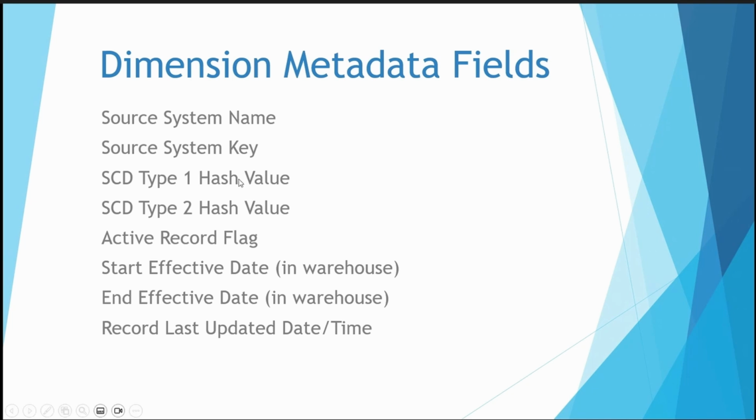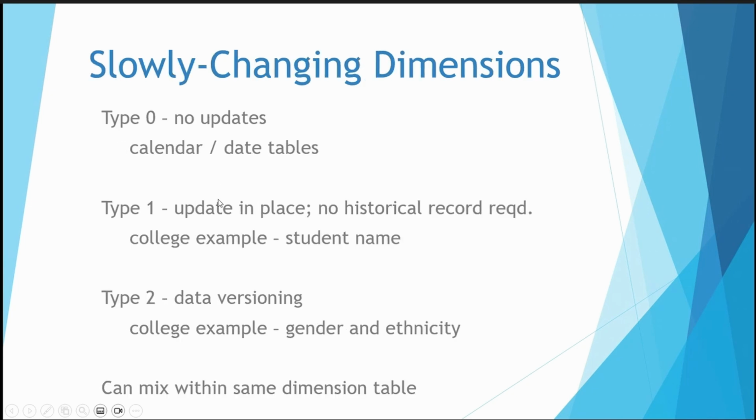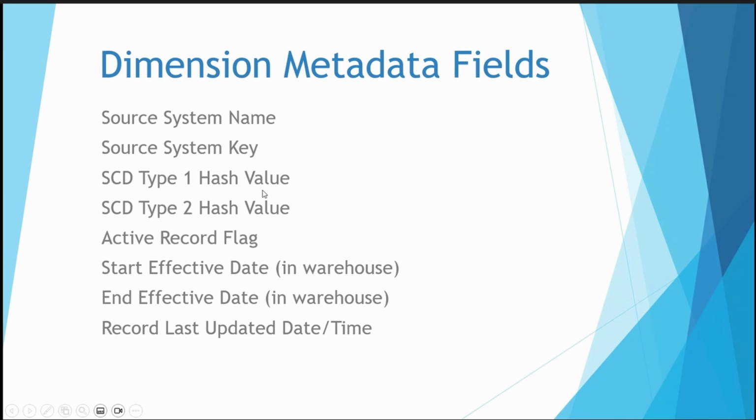For change detection, I use hash values. I just hash together all of my attributes that are type 1, and I create one hash value. So when I'm detecting change, it's not where field A in the source is not field A in the destination, or field B is not field B, or field C is not field C. My student dimension has like 80 fields in it right now.